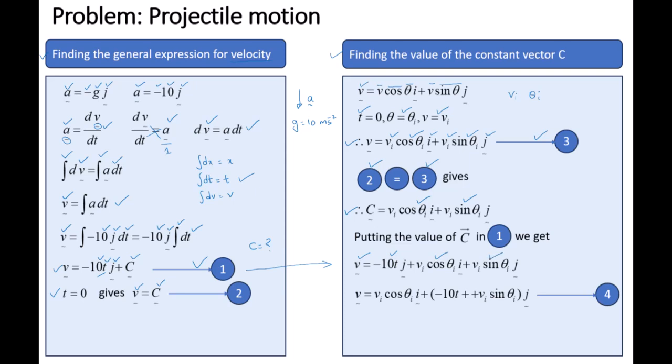If I rearrange the terms in such a way that all the terms related to i are on one side and all the terms related to j are towards the right hand side, this will look like velocity equal to vi cos theta i times i, plus inside you will have minus 10t plus vi sine theta i, times j.